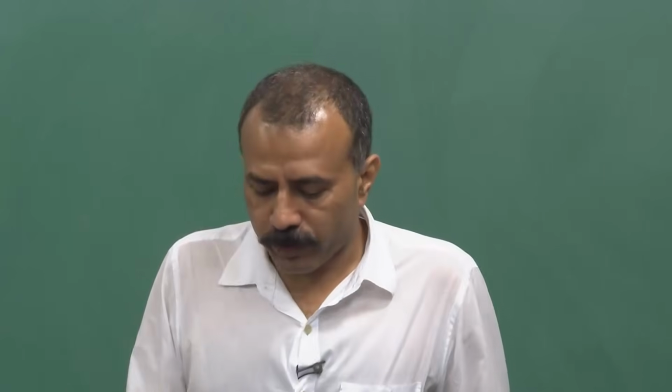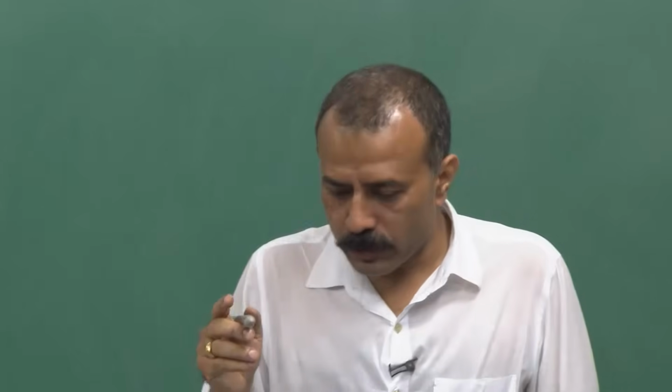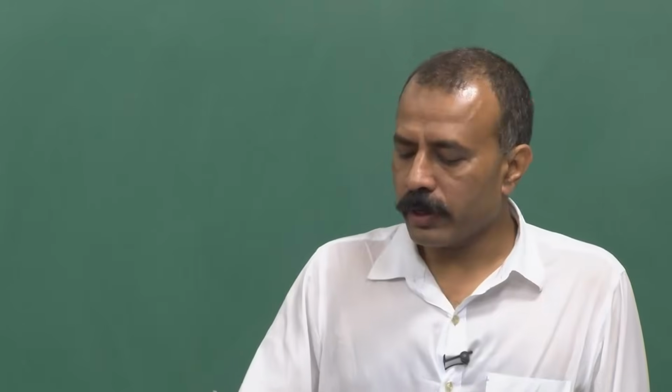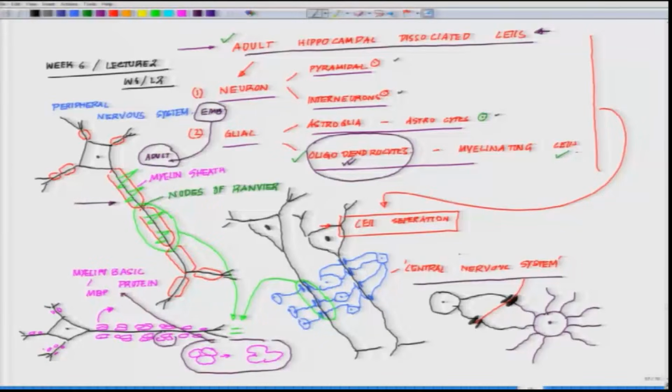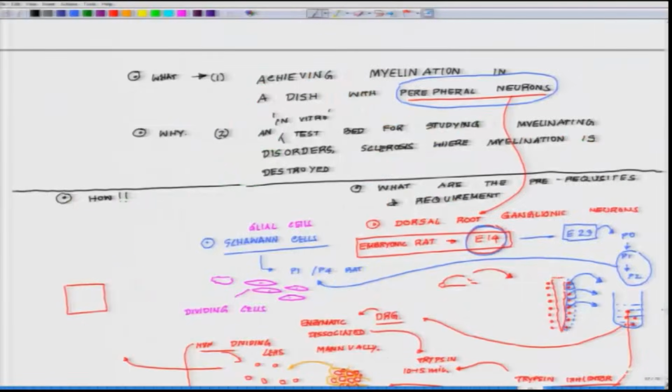So, now in order to achieve it, if you really want to achieve it, your first target is you need to have a source of neuron. Now, again let us break up the problem the way we broke it up here. Now, achieving myelination, I am just changing, okay, peripheral, now I make it central nervous system. Okay. This is central nervous system, then its corresponding myelination disorder, of course, that remains the same.